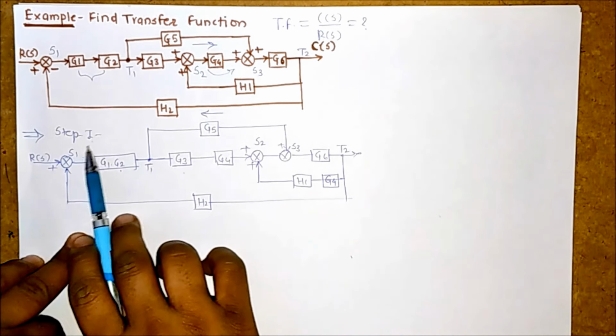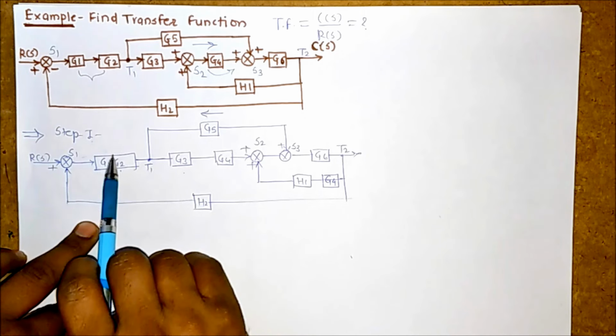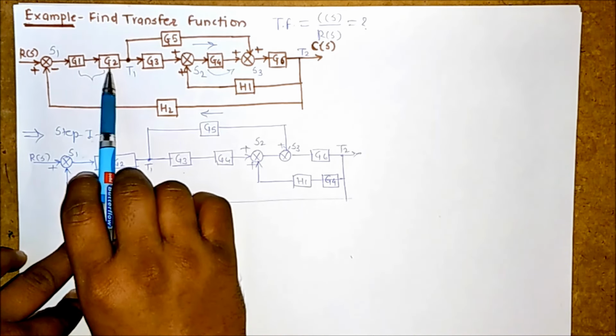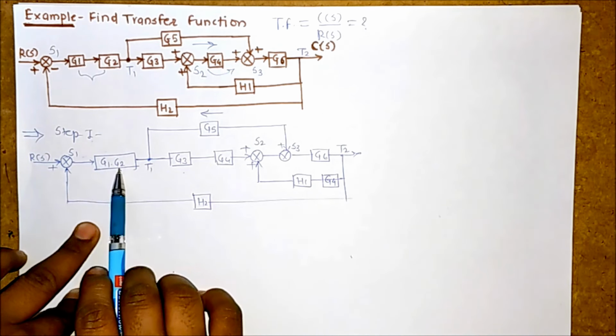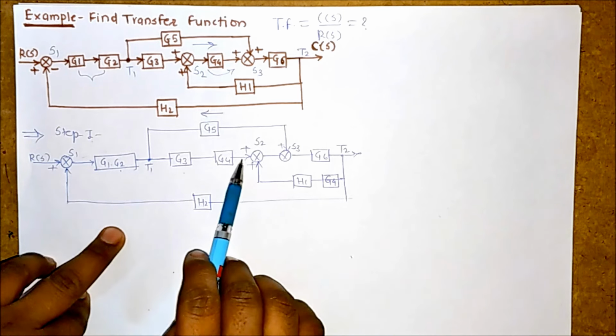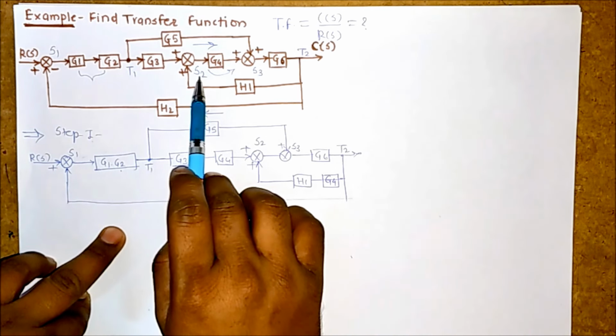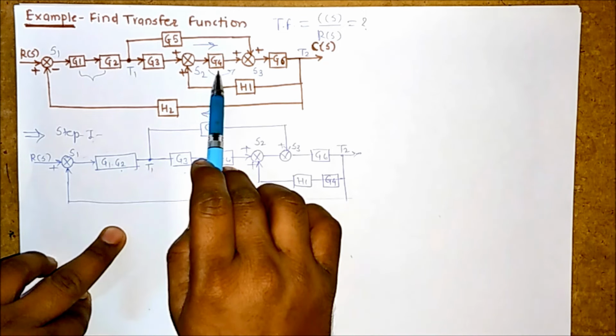Okay, now if you look at step 1, I have applied two rules here. First rule is when G1 and G2 blocks are in series, multiplication of the gain of those blocks, that is G1 into G2. Simultaneously I have shifted this summing point S2 to the right hand side of the block G4.